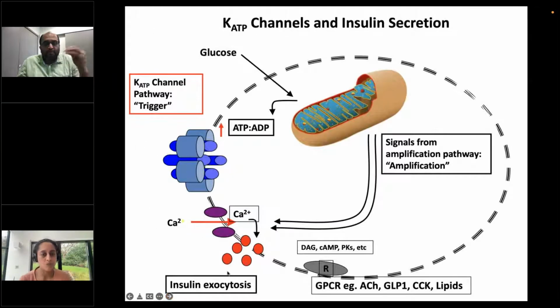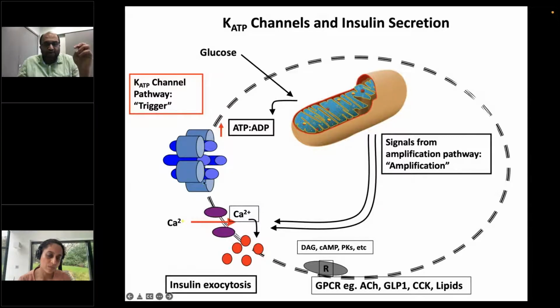And when we talk about the beta cell, this is a cartoon model that shows the beta cell, the KATP channels and insulin secretion. The outer channel here is encoded by the ABCC8 gene, and the inner channel is encoded by the KCNJ11 gene.